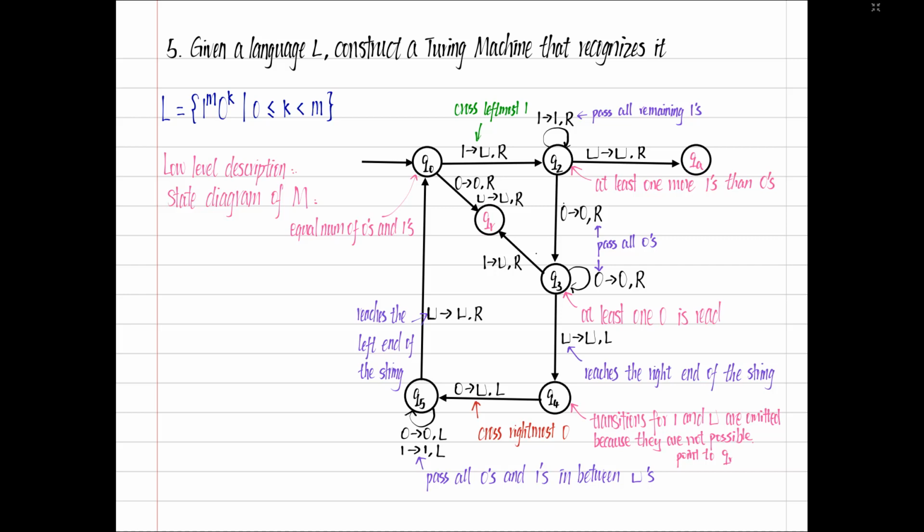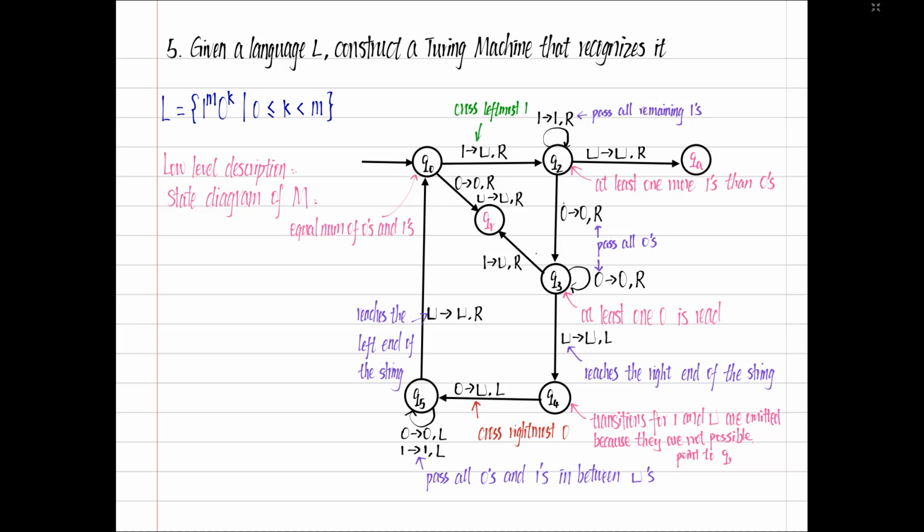State Q0 means an equal number of zeros and ones are matched. If the head is now on a 0 or blank symbol, then it means the input string has an equal number of zeros and ones, or more zeros than ones. In this case, the machine goes to state QR without changing the tape input.